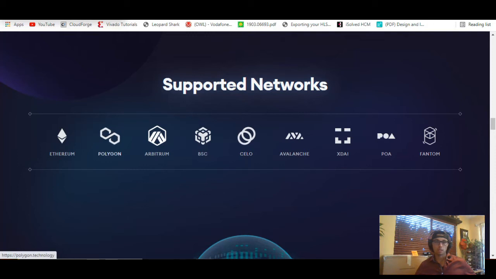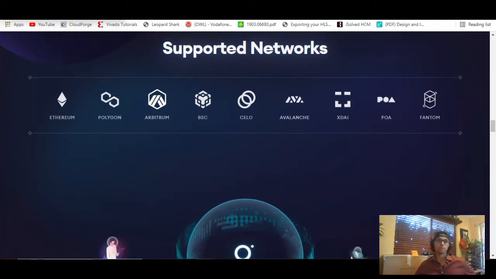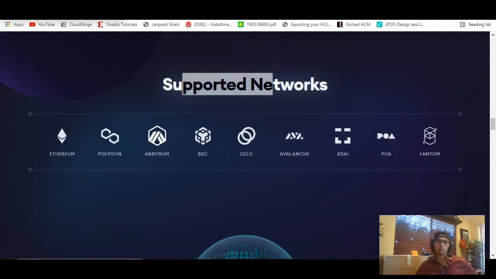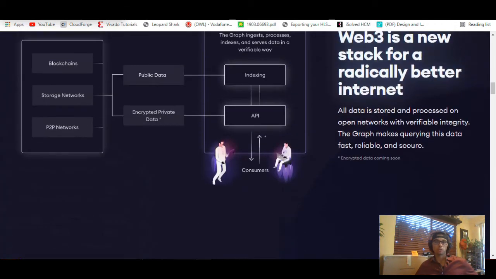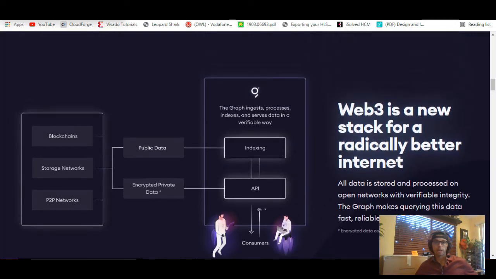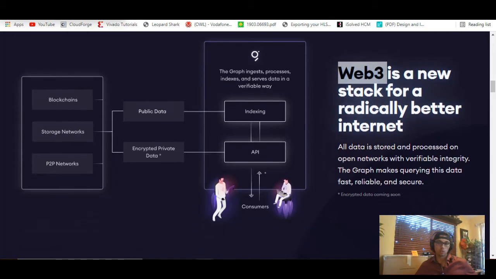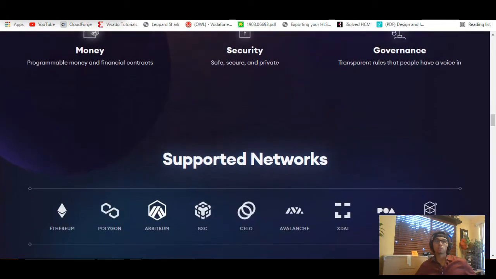Polygon, I believe, is based on it, and I think Arbitrum is. You can double check these, but I understand they're supporting these networks, but they're really just supporting a single blockchain. I have seen news articles where the graph is the Google of Web3, basically. And I don't see that you can get that with just supporting Ethereum.